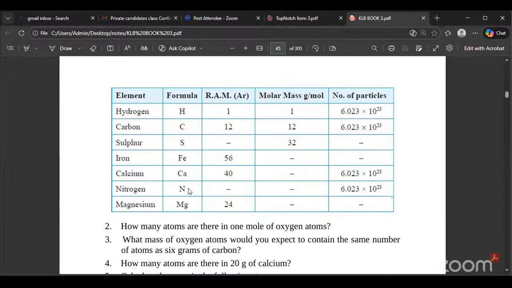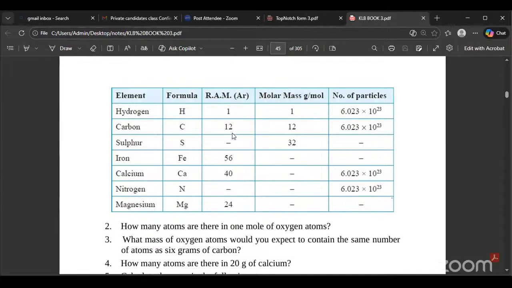Nitrogen is capital N, and magnesium is M and g. I want you to see how it has been written. Make sure that these letters do not touch: M and g should not touch, F and e should not touch, and the e should not be bigger than the F, it should just be its child. Now the RM of this one is 112.